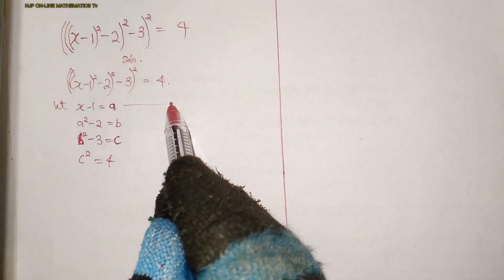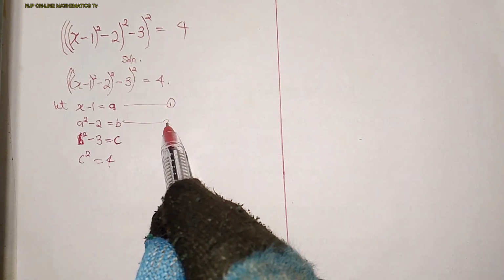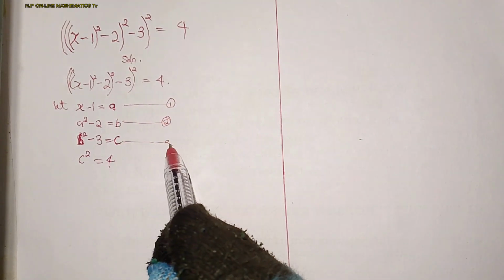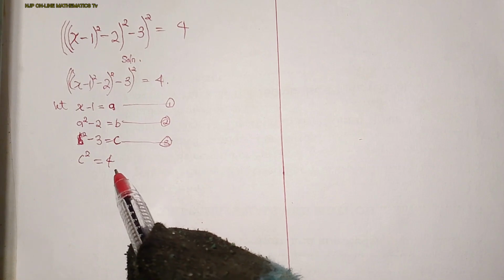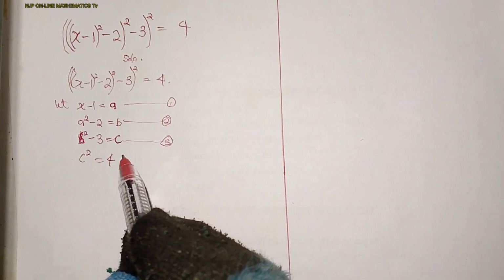This becomes the initial equation, this is the second, while this is the third equation. So let's continue with the simplification.